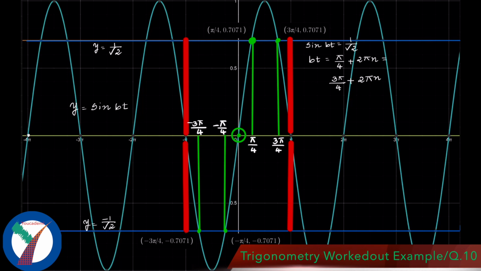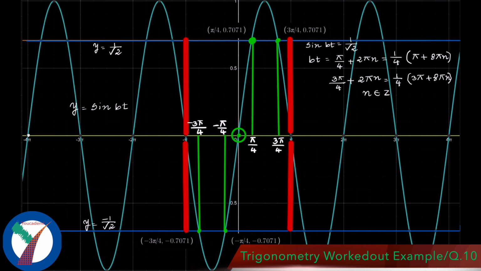And these can be written in a much more neat format as 1 by 4 pi plus 8 pi n and 1 by 4 multiplied by 3 pi plus 8 pi n, where n is the set of all integers.